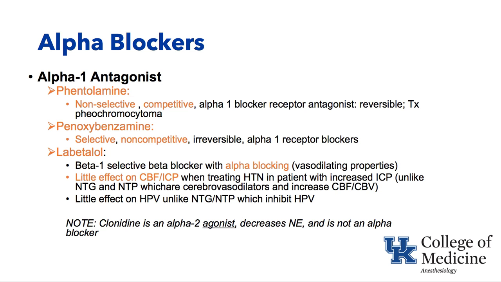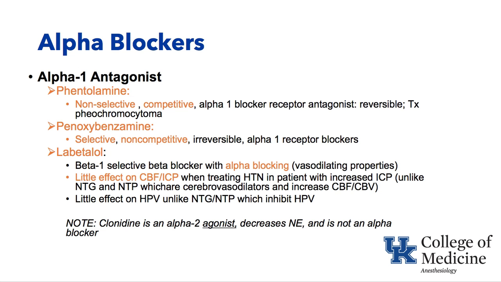Phentolamine is a non-selective, competitive, and reversible alpha-1 receptor antagonist, while phenoxybenzamine is a selective, non-competitive, irreversible alpha-1 receptor blocker. So you've got several choices here to block the alpha receptor.